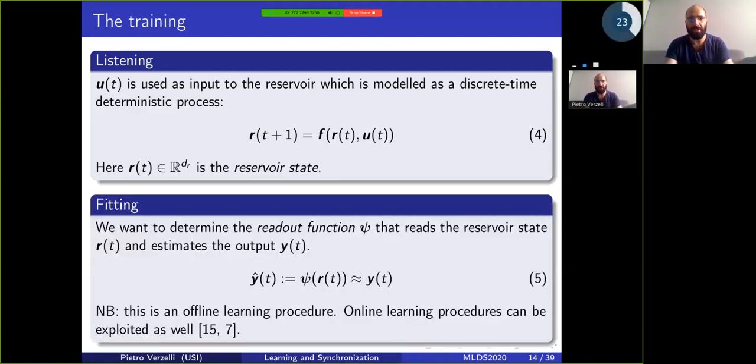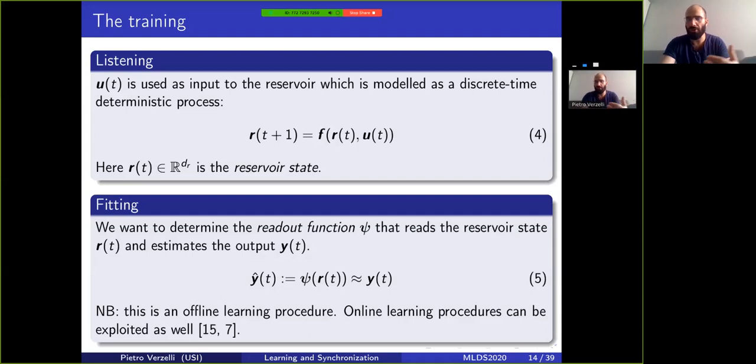And then you create a readout function, which is able to read each state of the reservoir and generate Y hat, the desired output, trying to approximate Y, the true output. Okay, and you can do this offline, and that's really a strength of reservoir computing because it's an offline learning procedure.